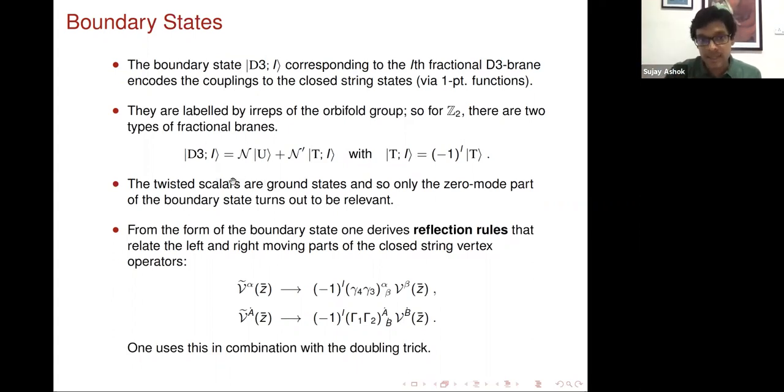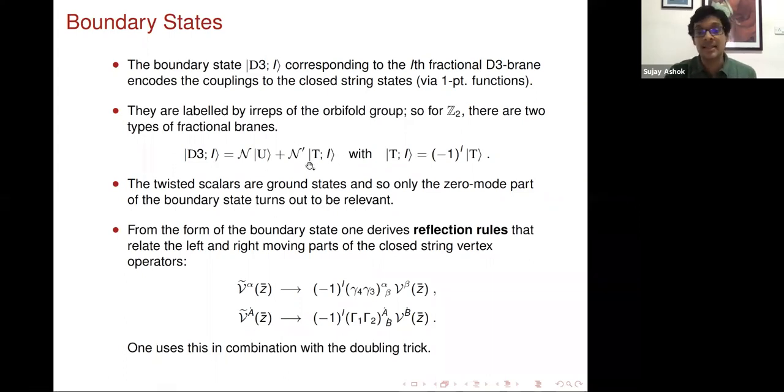These D-branes in orbifolded backgrounds, fractional branes, have an untwisted part and a twisted part. The untwisted part tells you how it couples to the untwisted fields like the supergravity multiplets and so on. The twisted sector part of the boundary state tells you how it couples to the twisted sector closed string fields.